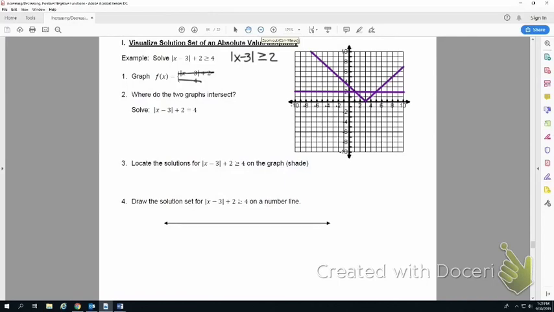So you would have this point right here, that x value is 1, that x value is 5. That's all you have to identify on that. We'll get to the shading and it actually being an inequality in just a second.